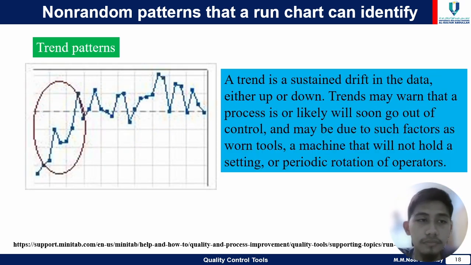Okay. Trend patterns. A trend is a sustained drift in the data, either up or down. Trends may warn that a process is or likely will soon go out of control, and may be due to such factors as tool wear, a machine that will not hold a setting, or periodic rotation of operators.